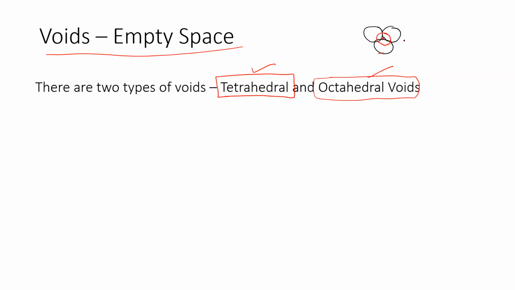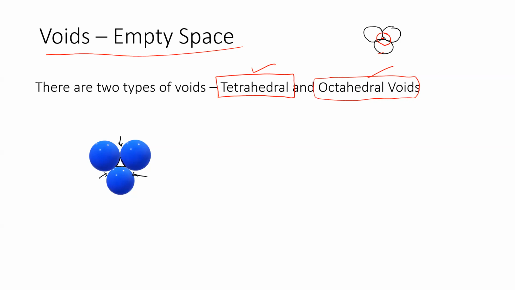Now octahedral voids, I'll explain. Consider this is the first sphere, second sphere, third atom. So now we have an empty space in between all these 3. Am I right? Now we are going to close the empty space. It will not be completely closed because in this direction, and at the bottom of this, we also have some space. Even if you place the tetrahedral voids, we still have some more empty spaces.